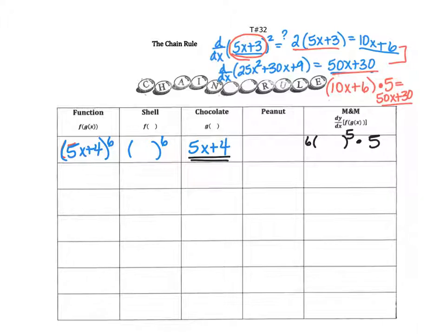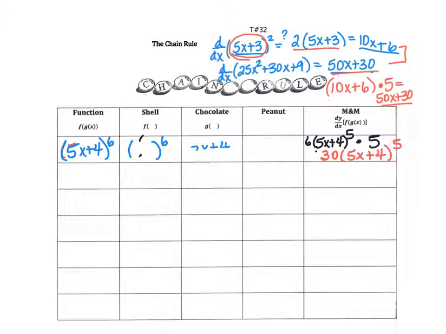Now, what goes in this parentheses right here? The same thing that was in this parentheses. And almost like if you're setting up in a chart, it's whatever this next guy over is, which would be 5x + 4. Now, of course, to clean that up, I could multiply the 6 and the 5, and I would get 30(5x + 4)⁵. And that would be my answer.